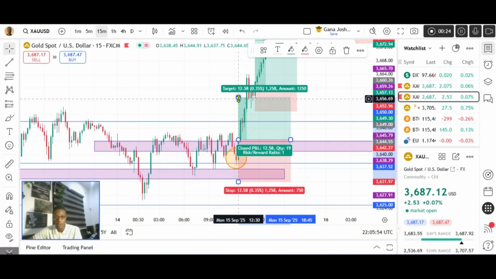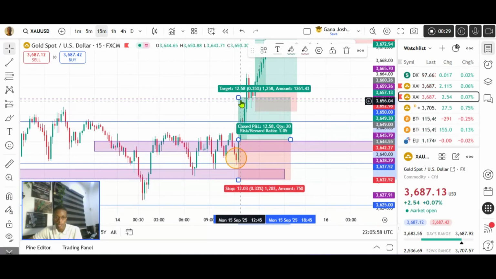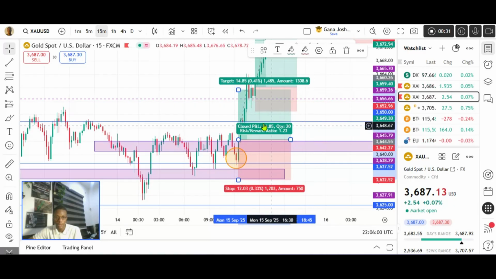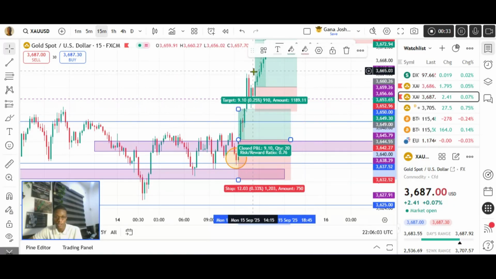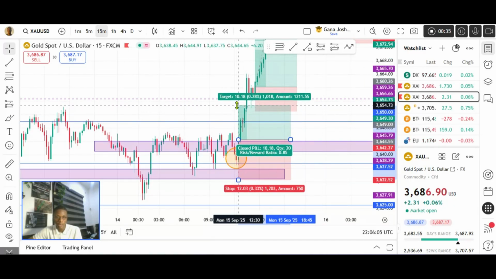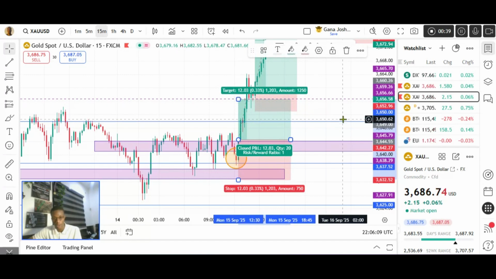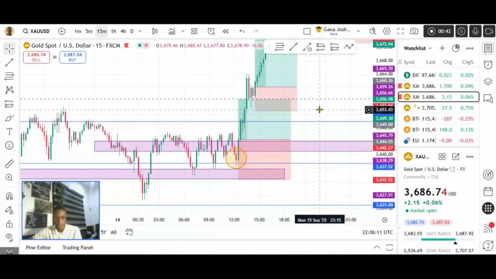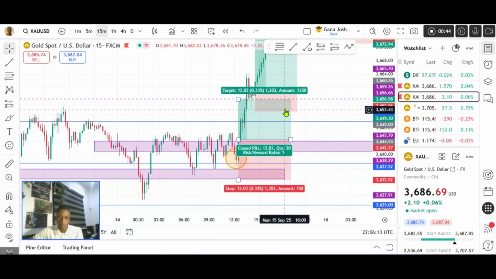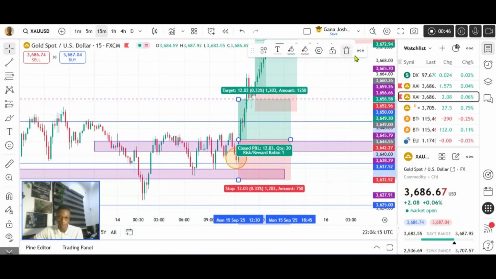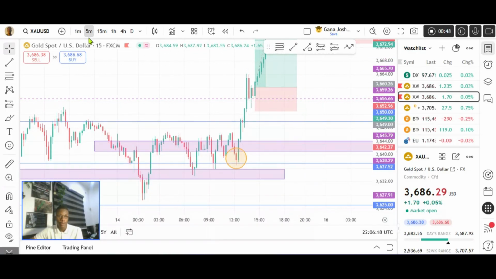The 15-minute candle still works, but you won't get a whole lot of deal. We were targeting this previous resistance that price was reacting to, and if you waited for the 15-minute close, you get a one-to-one risk reward, which I don't think is a very good deal.